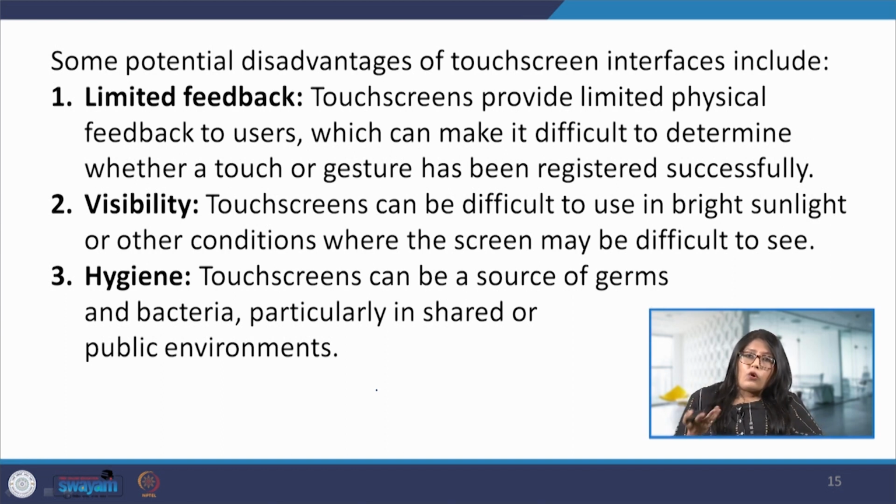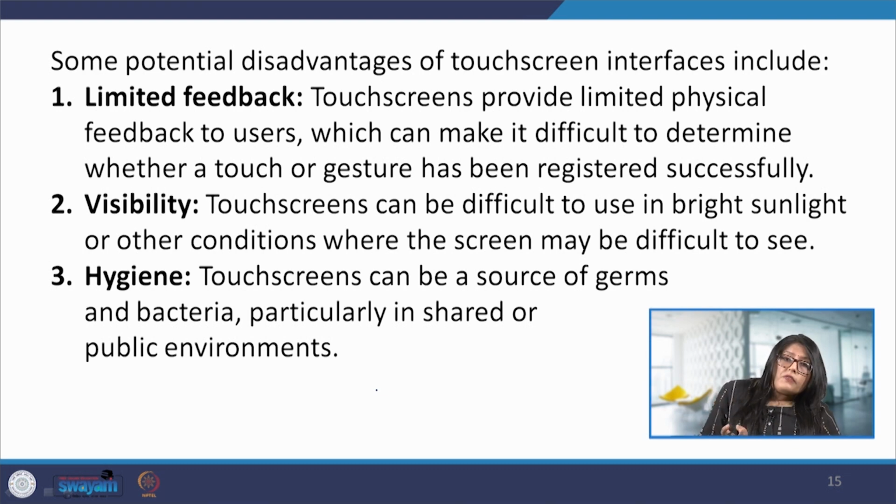It can also block our card at times for 24 hours. So, the user does not know whether the information has been sent, because there is no feedback as such. When we are pressing a physical button on the phone, we know that it has been pressed, but in this particular interface, it's difficult to say.